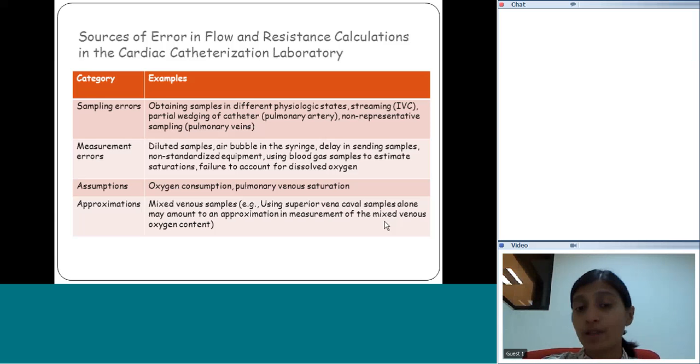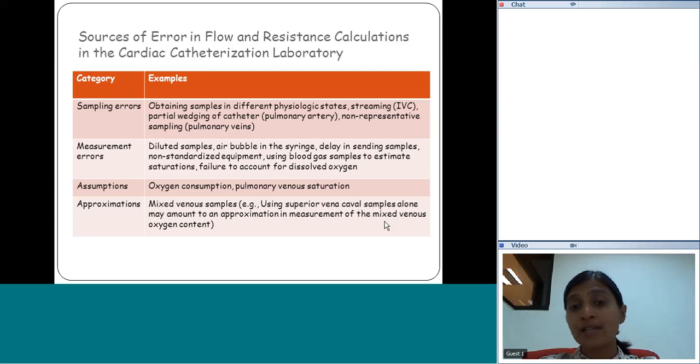So ideally, like I said, as you take samples, you should get results back. Okay, so there is no delay and no degradation of the sample. That is one reason. The other is, if you get a false value, say for example, you're taking an SVC sample and you're getting a value of 99 or 100, and you're thinking, this is not right. Then you may have to retake the sample. Whereas if you send all your blood gas samples and you then finish your procedure and come out, and later you realize that your values are all faulty, you can do nothing about it at that point.